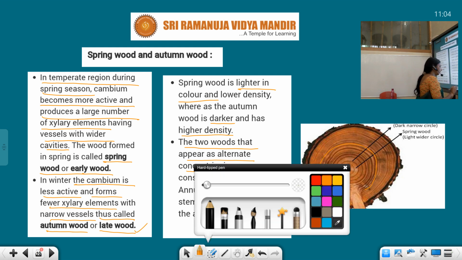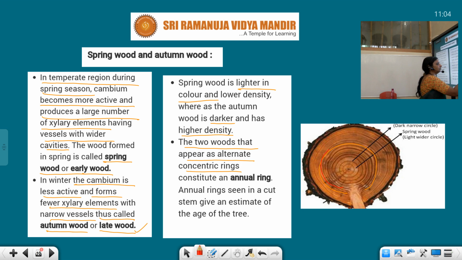You can observe here the lighter part, which is spring wood, and the darker part, which is autumn wood.